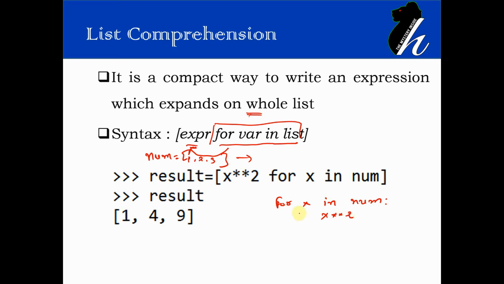I need to take one list, result equals to blank, then I need to add result dot append this answer, let's say a, and after the for loop I need to print result.